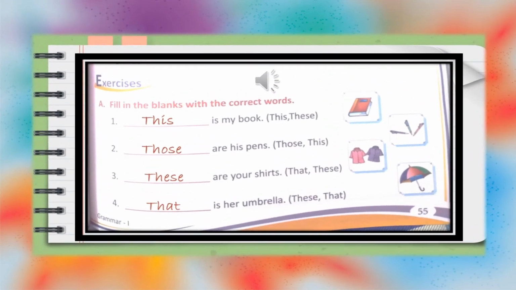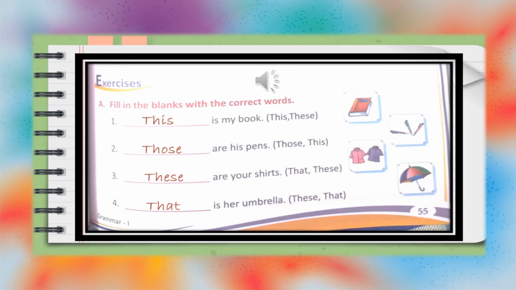Our first exercise is given on page number 55. Fill in the blanks with the correct words. The first is dash is my book. For every sentence we have two options to fill in.